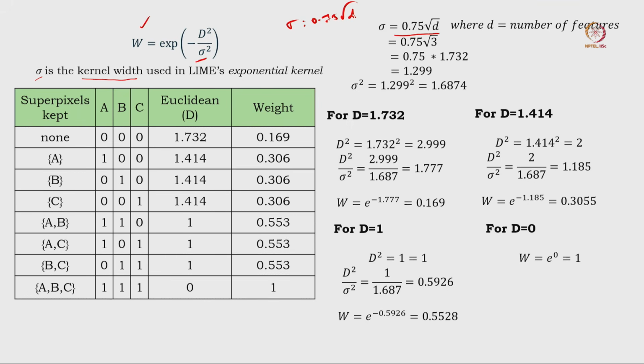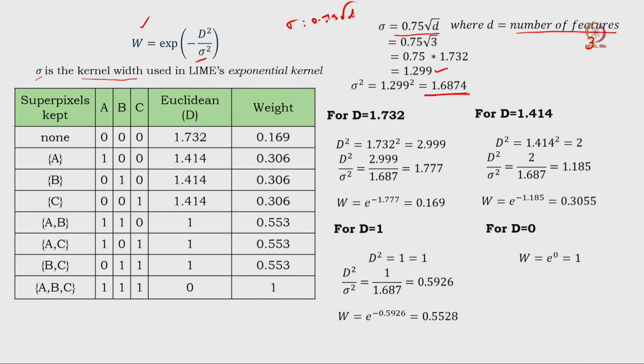Now, what is d here? D is the number of features, the number of superpixels that you have considered. The number of features here is 3 for our example. Therefore, 0.75 multiplied by the square root of 3. So, when you substitute the values, you get this, and the square of it we get this.